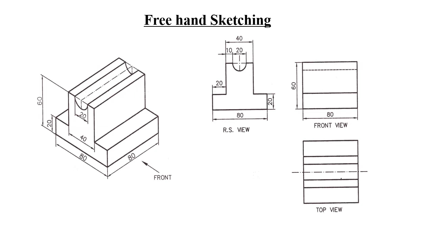So the objective here is, you are given an isometric view of a simple solid, for which you have to give the front, top and side view drawings. You will be given an arrowhead that will show which is the front view direction.